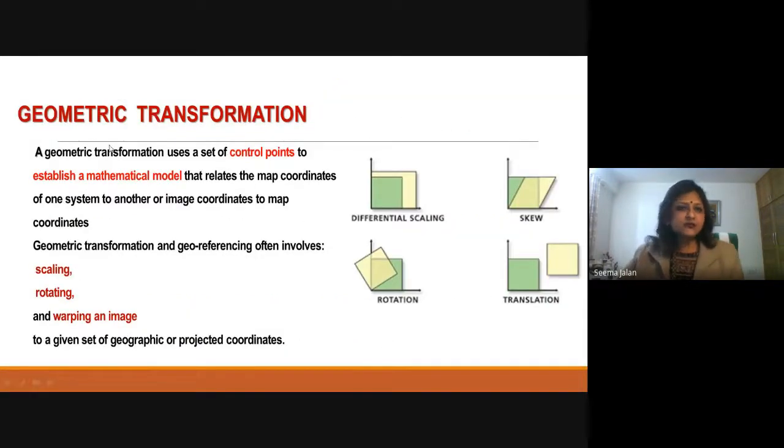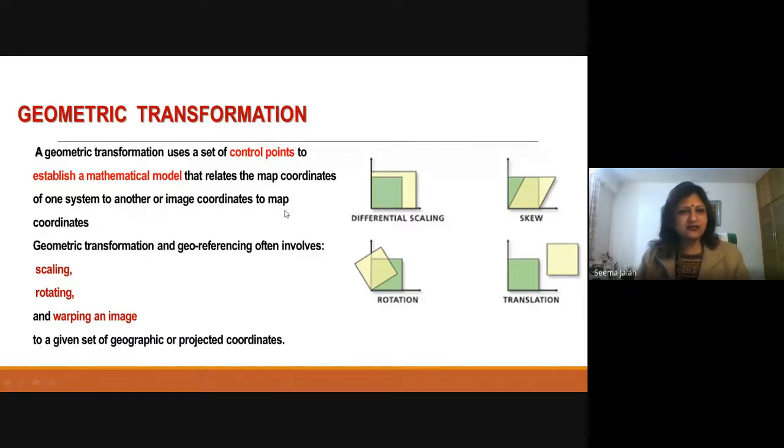So what is geometric transformation? Geometric transformation uses a set of control points to establish a mathematical model that relates the map coordinates of one system to another, or image coordinates to map coordinates. It is as simple as that.